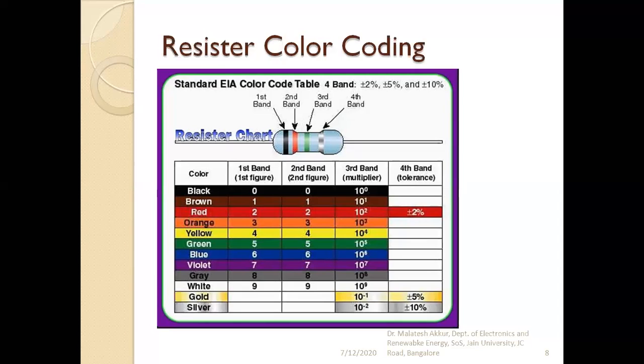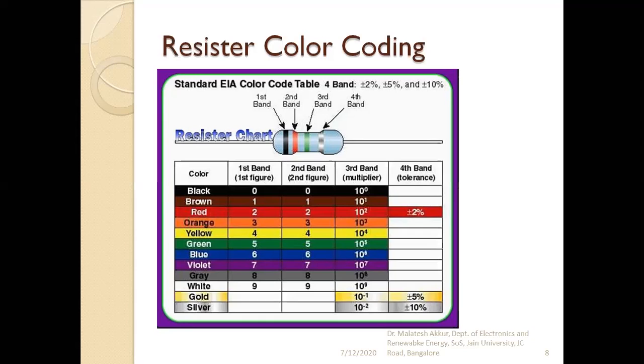So we can say brown, black. We need one more 0, that is 10 to the power 1, which is again brown. So if the color code is brown, black, brown, it is nothing but 100 ohm.